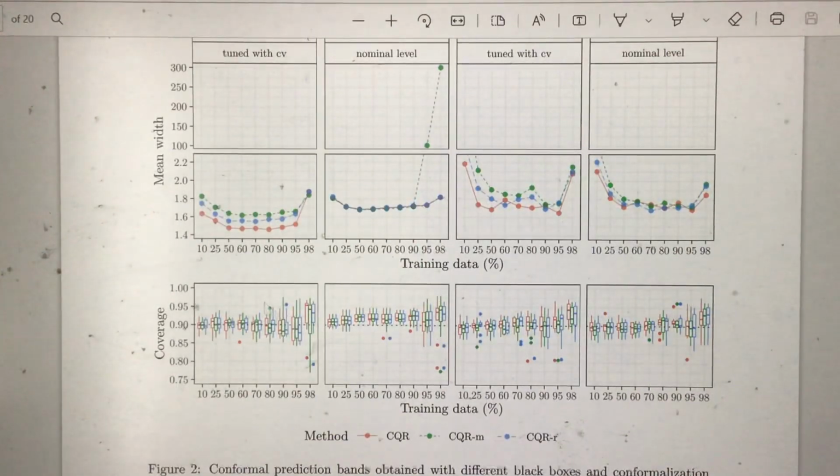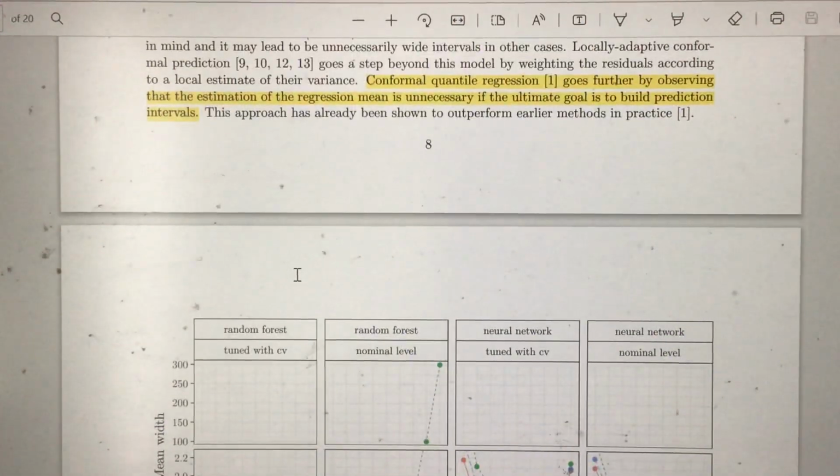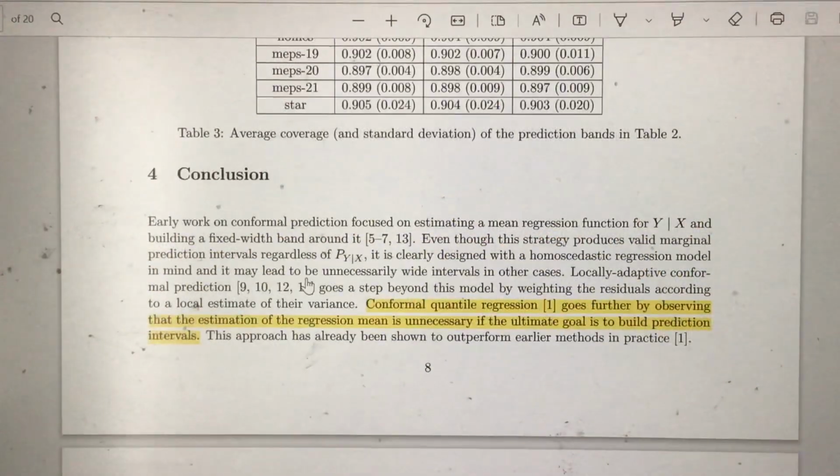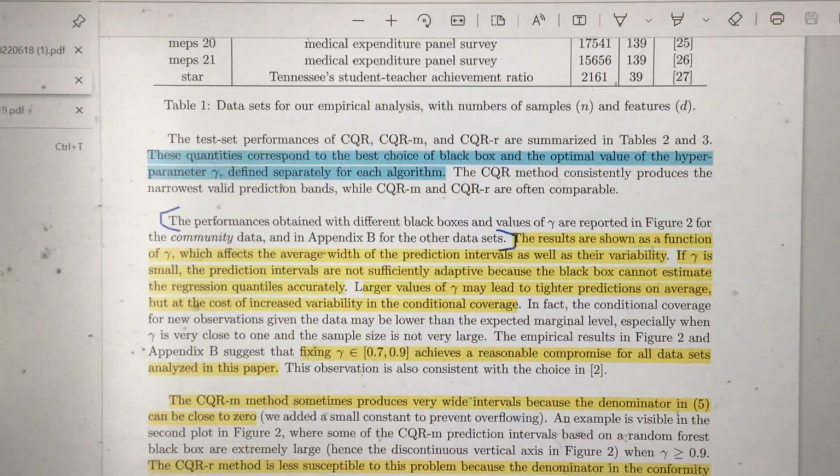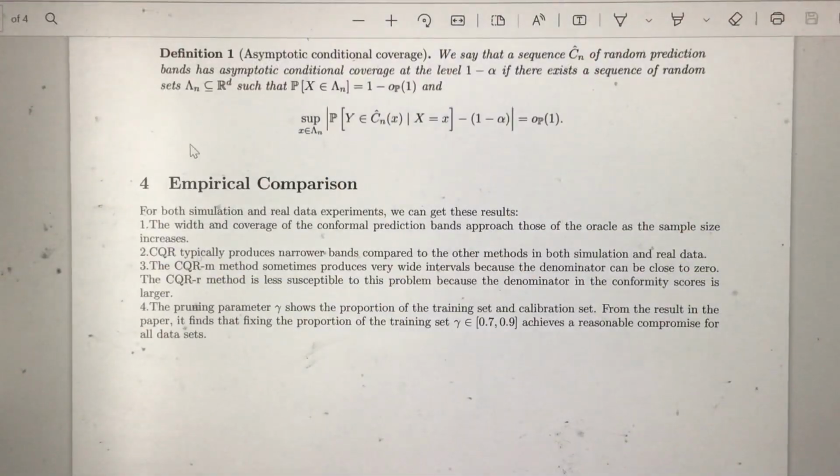And we can see gamma is better from, I think, 70% to 90%. That will be the best.